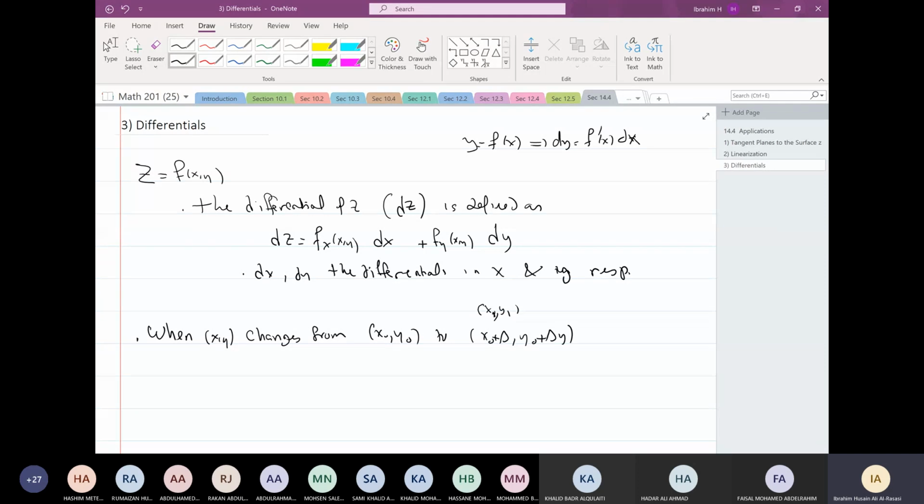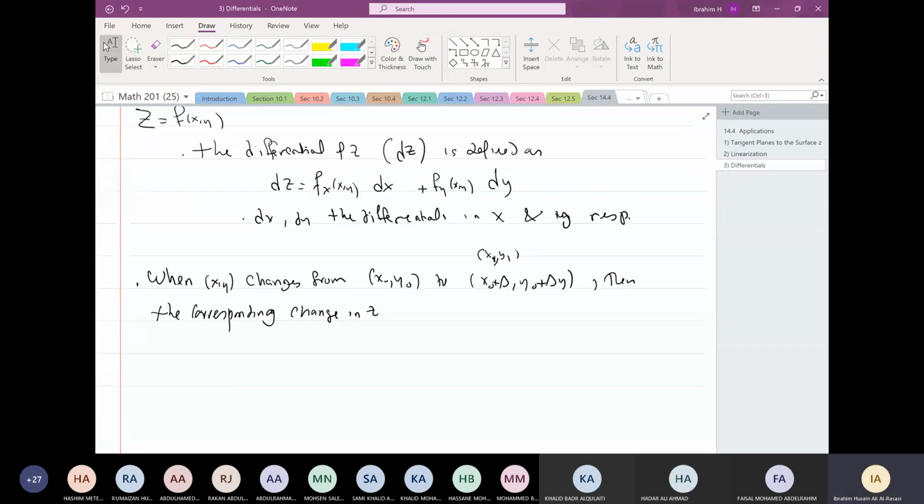When xy changes, then there is a corresponding change in z. So in the plane you move from a point to another point, then you have two changes in z, one along the surface z equals f of xy.